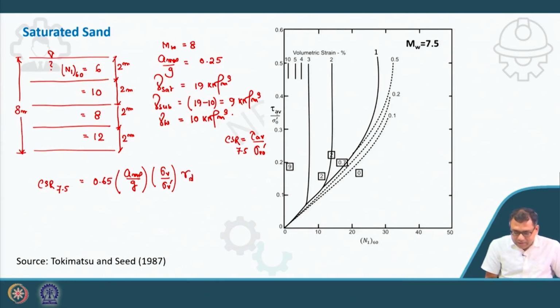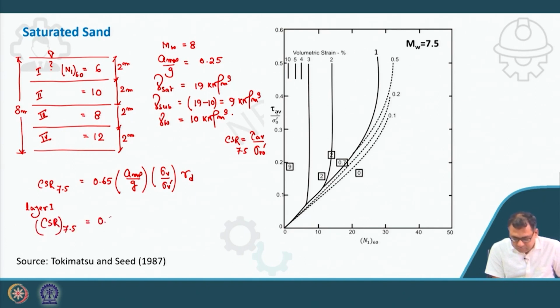Now, I will show you the calculation for layer 1 only. This is my layer 1, this is 2, this is 3 and this is 4. So, for layer 1, CSR 7.5 will be 0.65 times amax by g, which is 0.25. For layer 1, sigma v is 19 because it is total, and sigma v dash will be 9.